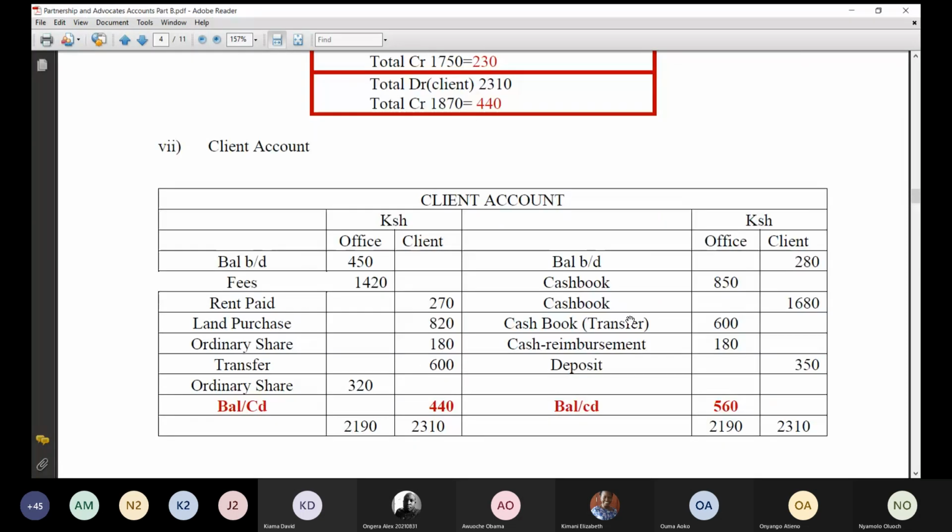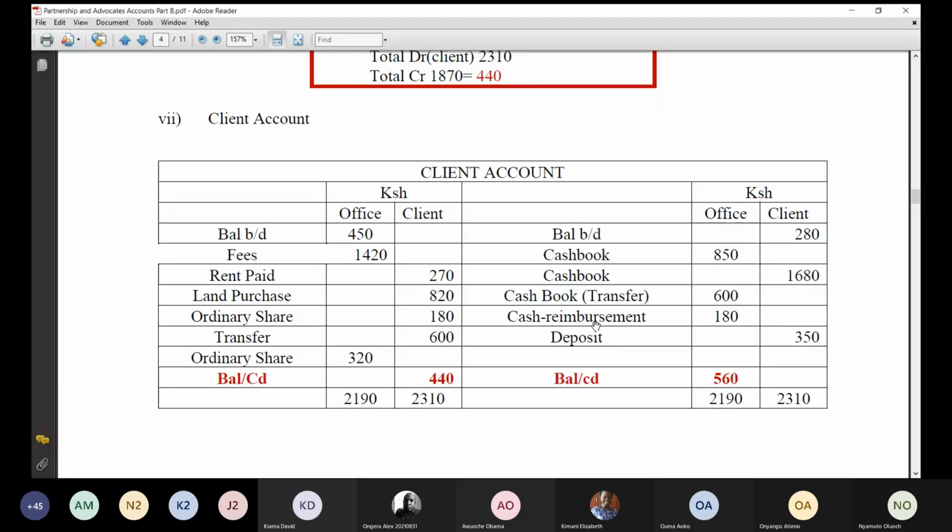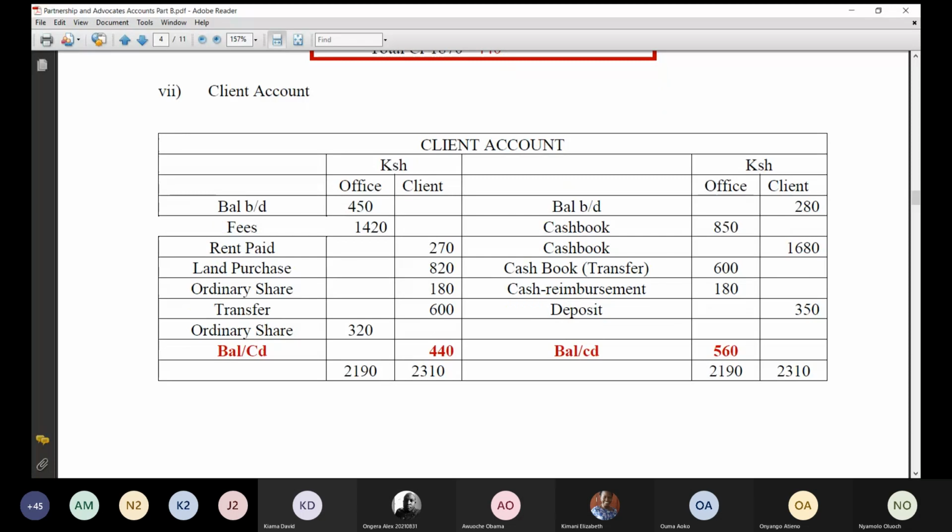For our client account, it must also be balanced. And this one, you will have the balances on either side. There would be a balance carried down on the debit side.